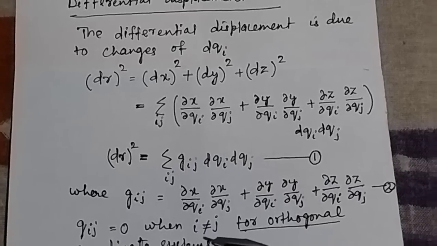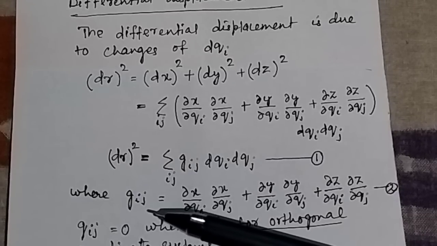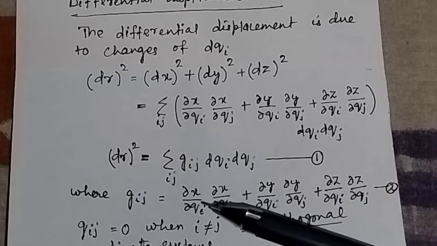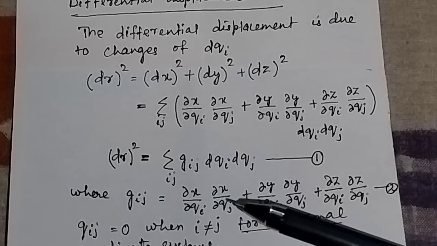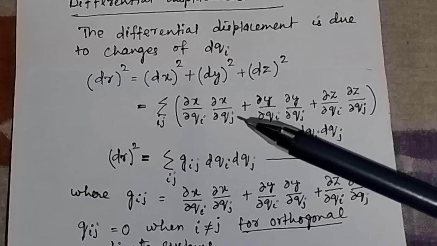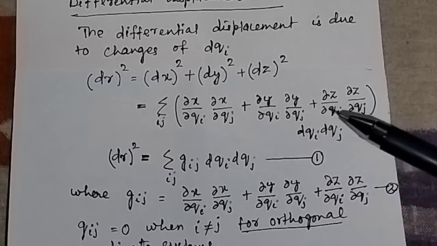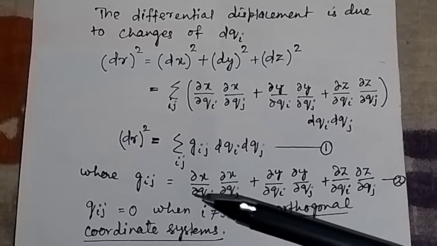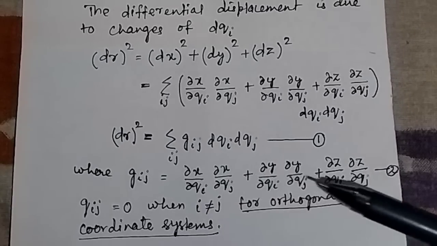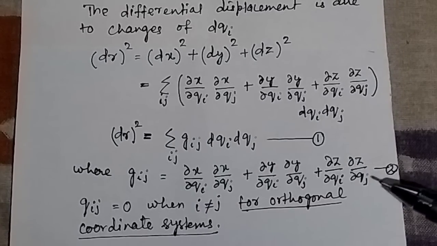Suppose this is equation number 1. And here we define a factor gij that is equal to the partial derivative of x with respect to qi times the partial derivative of x with respect to qj, then the same for y, and then for z. Suppose this is equation number 2.